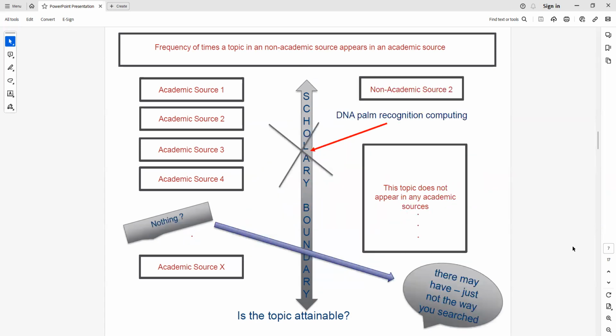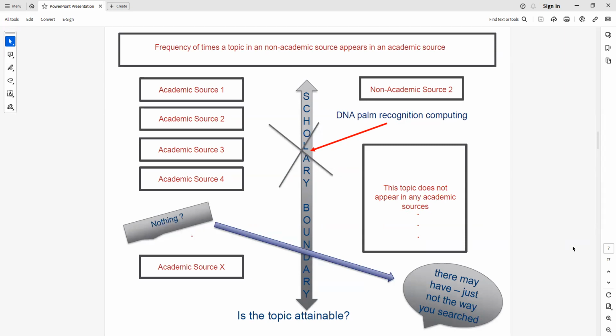Now, all right, let me see. I am looking at DNA computing. I don't even know what that is, right? So I saw that in a non-academic journal, maybe on a website. You know what? I want to research this. Can't find it in my academic journals.